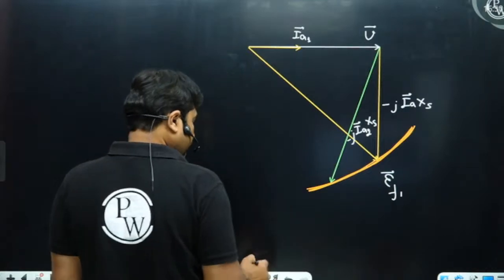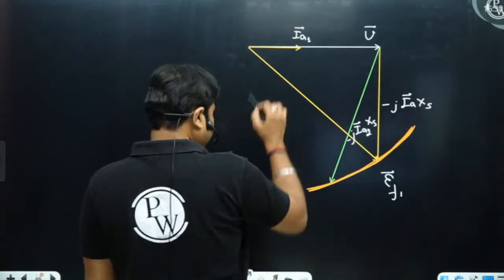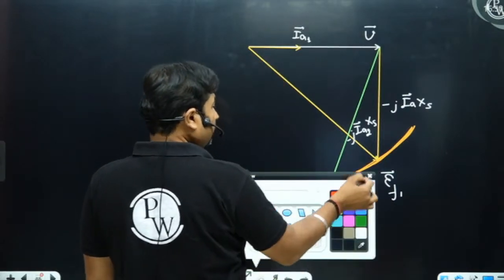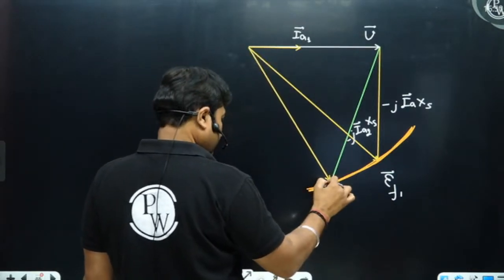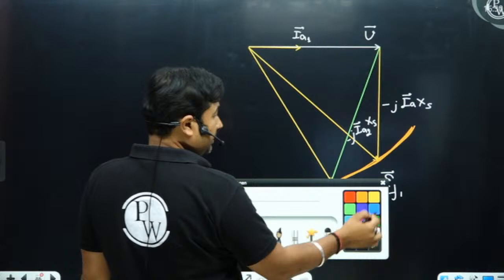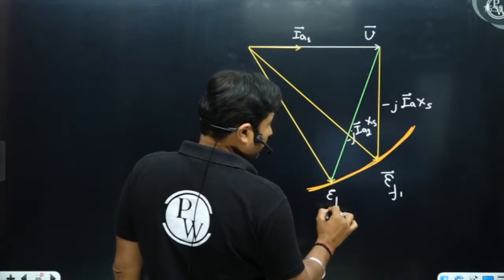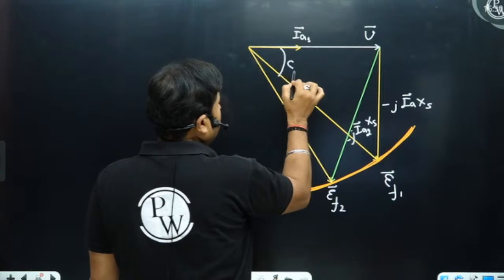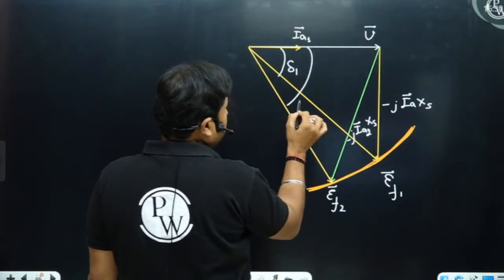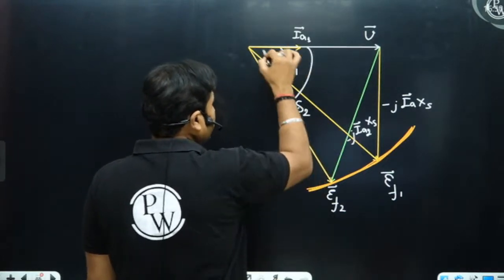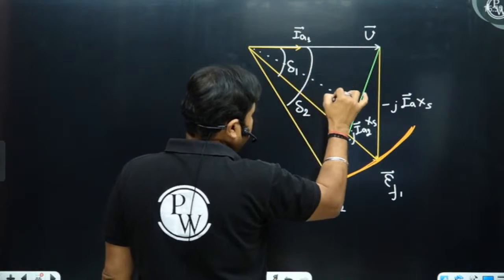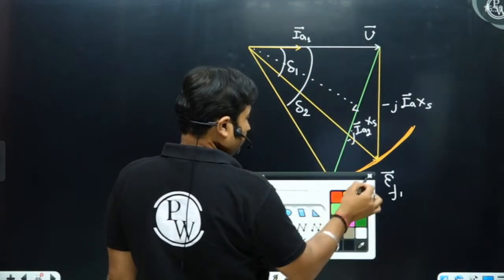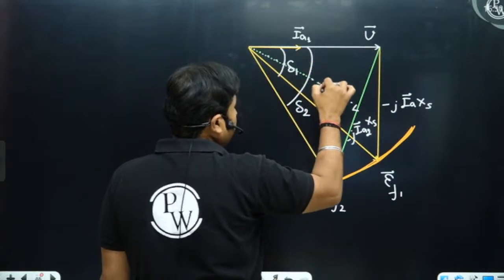And the magnitude of EF2 will remain the same. But the load angle is going to change from delta 1 to delta 2. And also your armature current will become lagging.